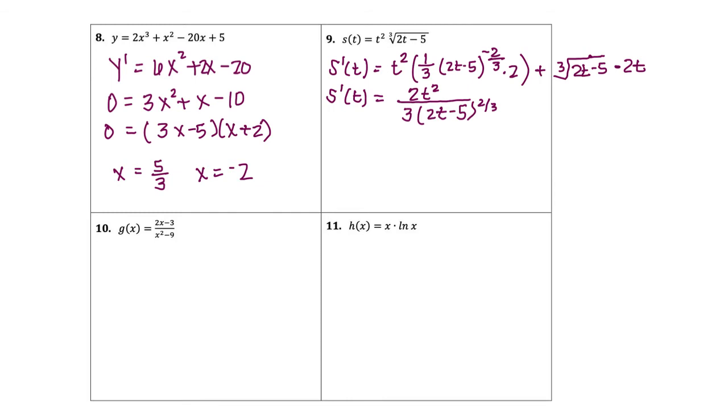And then that's going to be plus 2 times t times the cube root of 2t minus 5. All right, and so we need to solve for t.